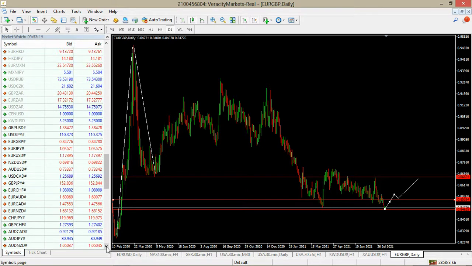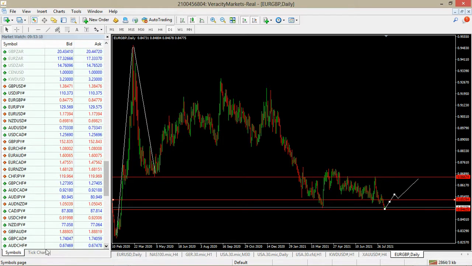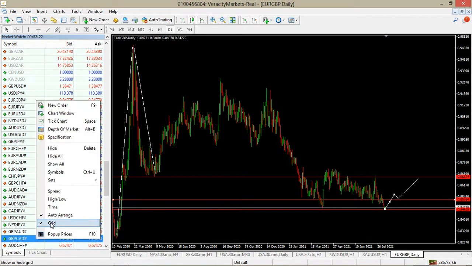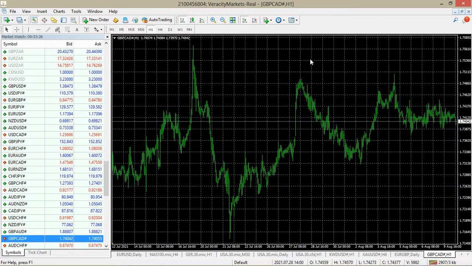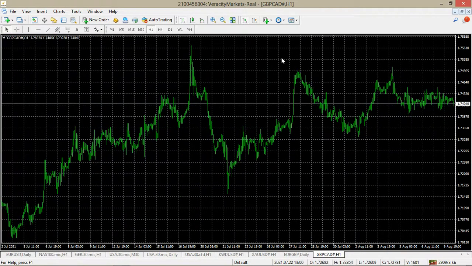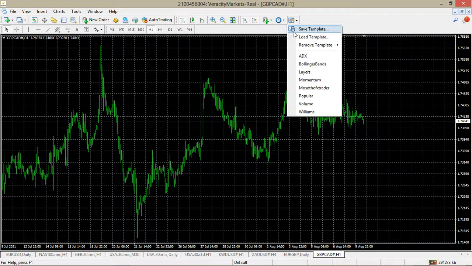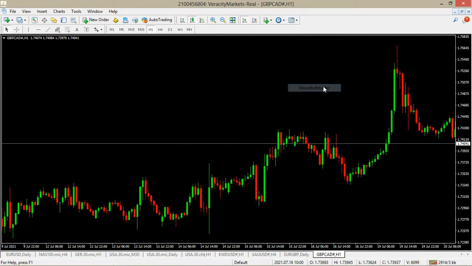We are looking for GBPCAD, and of course, here we have it. Let's just open the chart and try to use 5 minutes to explain it very fast because, of course, we don't have time.